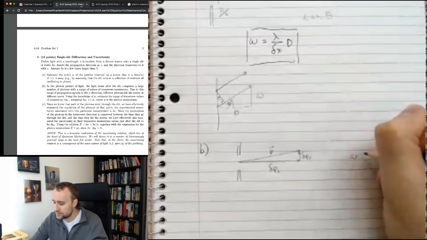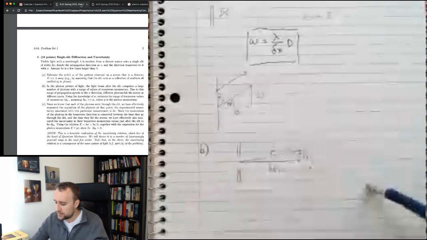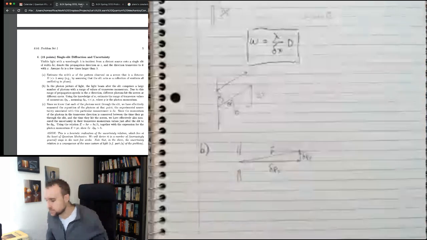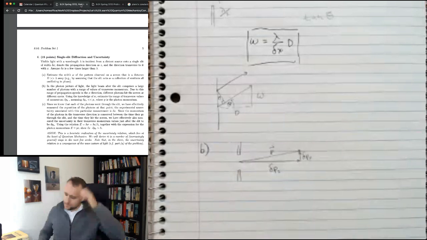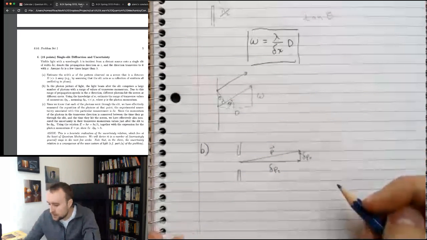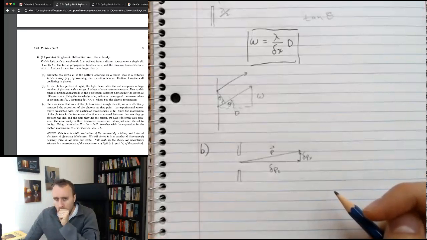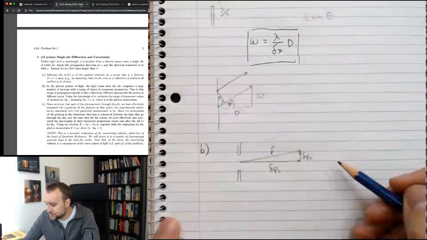We know that it's traveling at the speed of light. How do I want to do this?